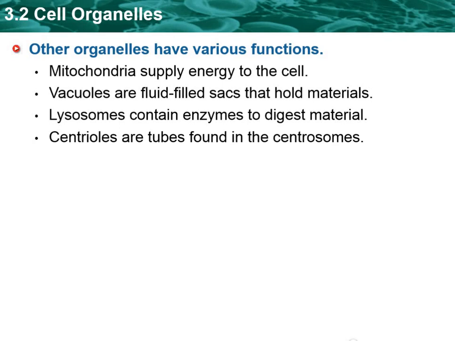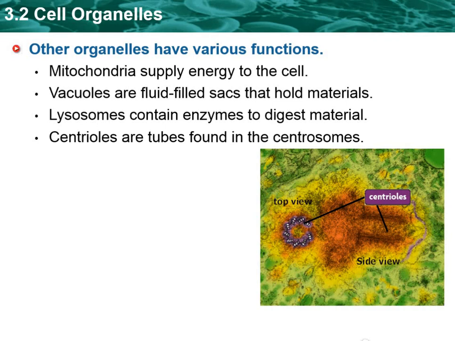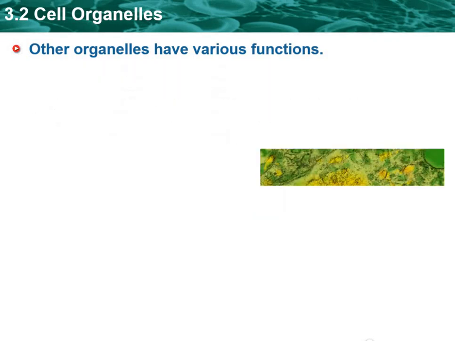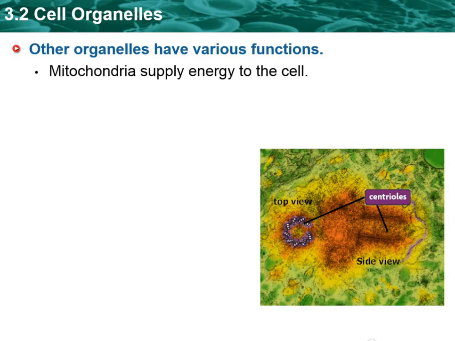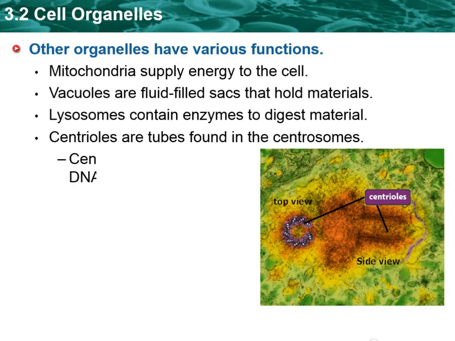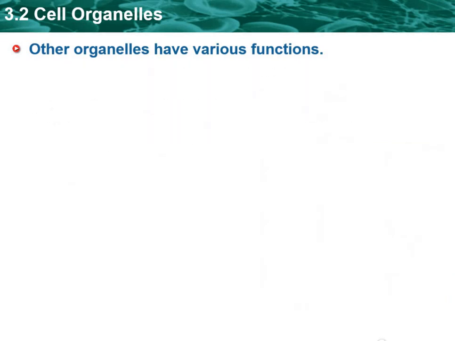It's going to end up being the area where the spindle is going to form, and that's going to help direct the chromosomes during cell division. So, like I said, the centrioles help divide the DNA.